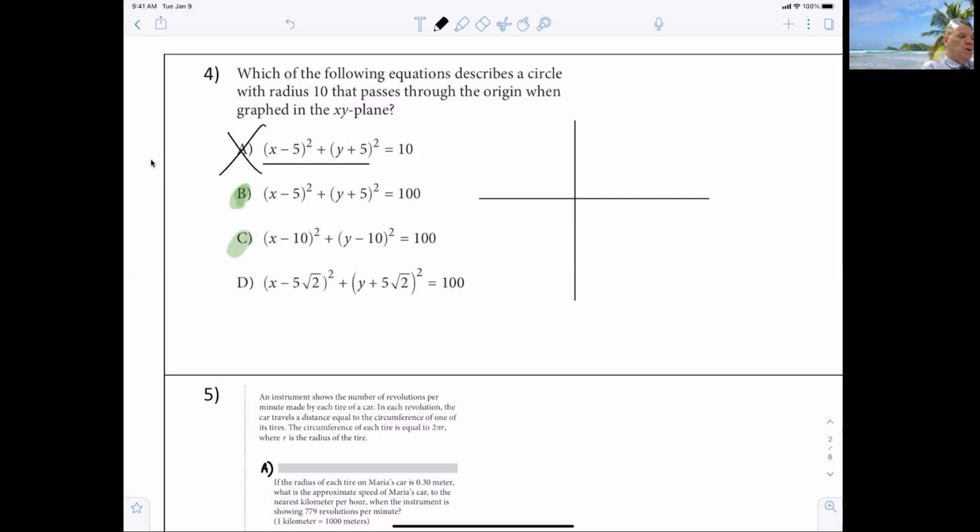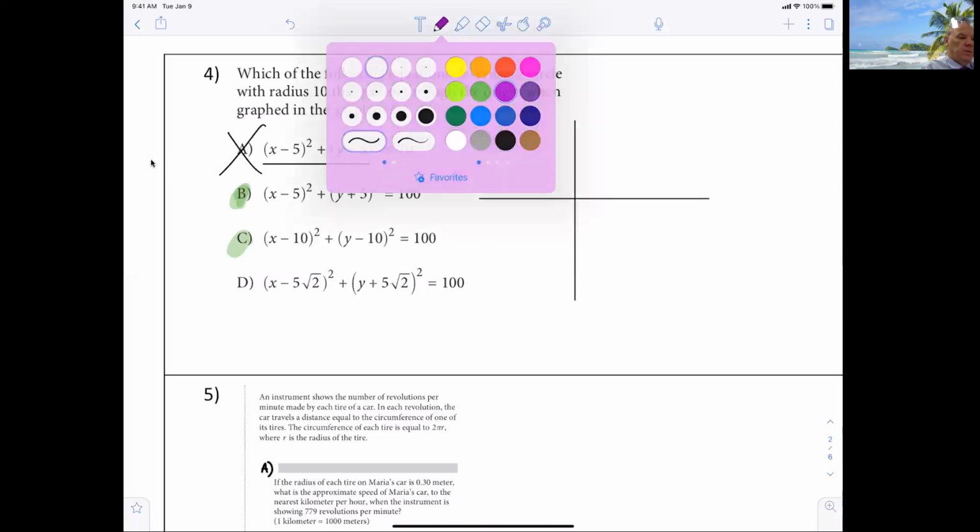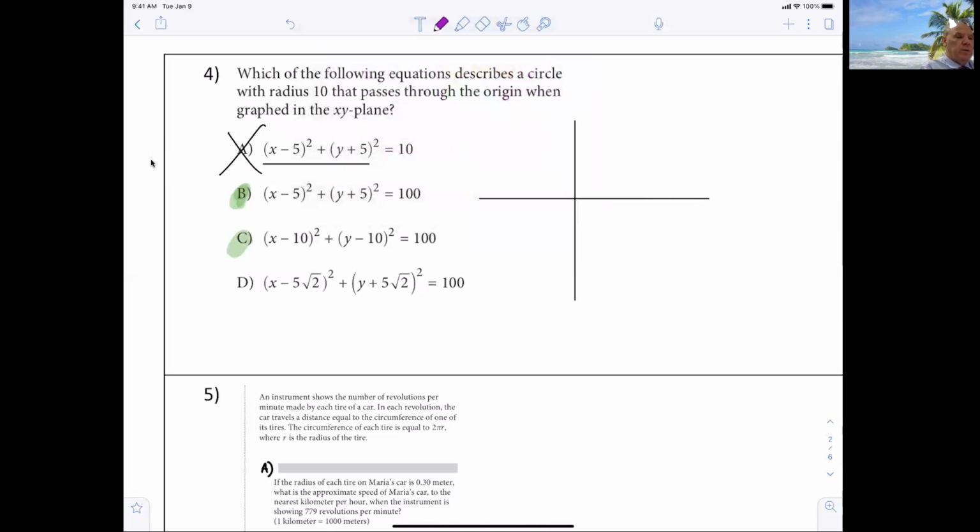So let's just jump to B. So what's the center? So now I'm going to draw 5, -5, which to me, does everybody agree would be right there? And it passes through the origin, correct?